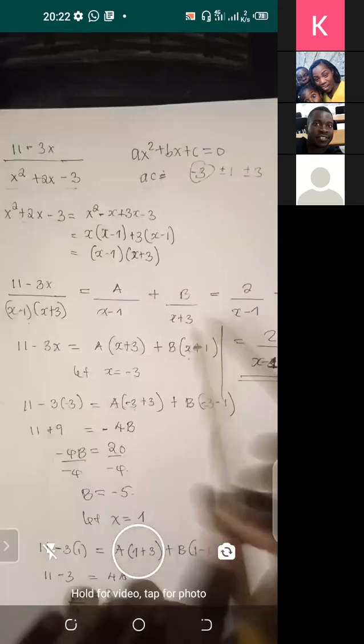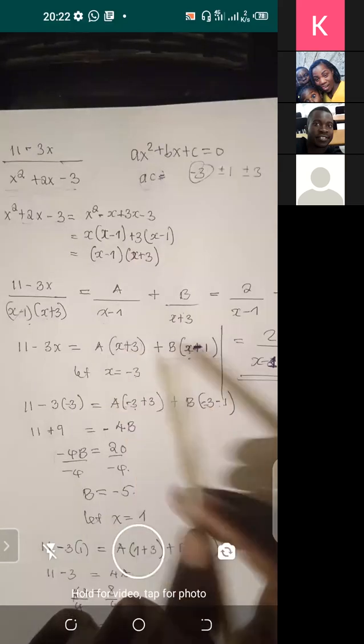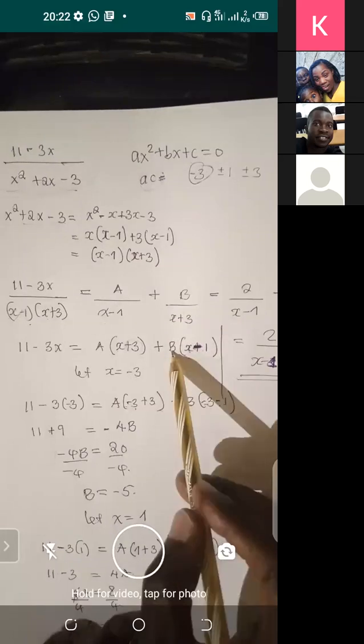No, let me just find this paper. Okay, so here, no, you don't pick any number. What will determine the numbers you pick is what you have here. I've seen that there's x plus 3, right? And there's x minus 1 here. If I want to find the value of B, I need to be careful. I need to choose the value of x which, when I put it there, will make one of these 0. Here I see -3 is going to make a 0, so you pick -3.